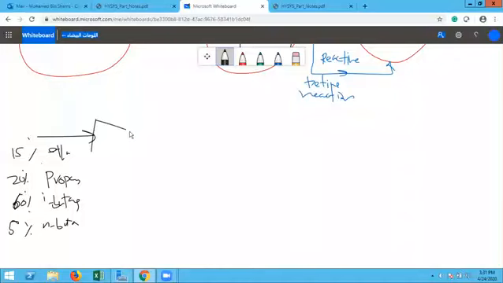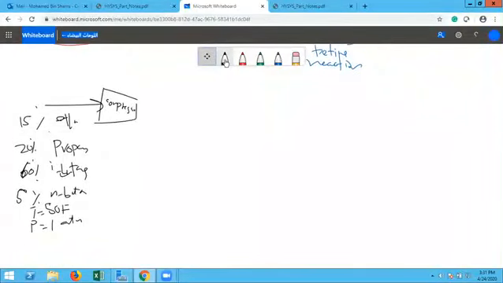I will take this to a compressor, so I need to compress it. The temperature of this stream is 50 F, the pressure is 1 atm, and it's flowing at 100 pound-mole per hour. All this information is given in the question.